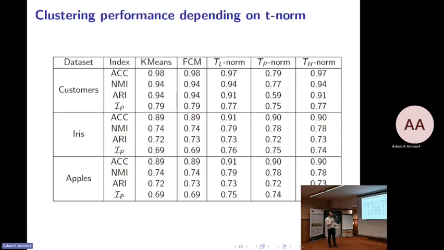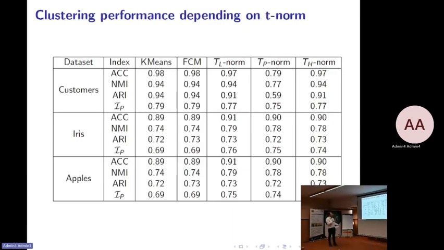We used k-means, fuzzy c-means, and the last three are clustering with fuzzy equivalence relations with Lukasiewicz, product and Hamacher norms. Clustering system quality was evaluated using 4 different indexes.